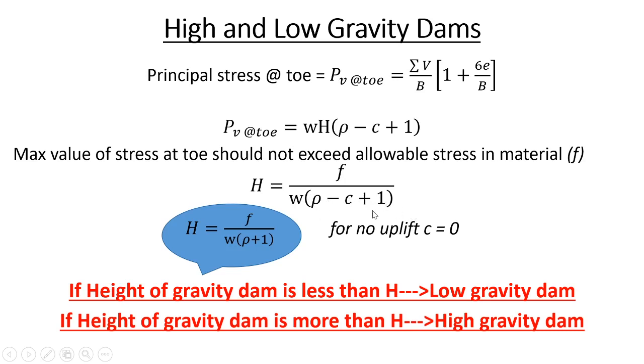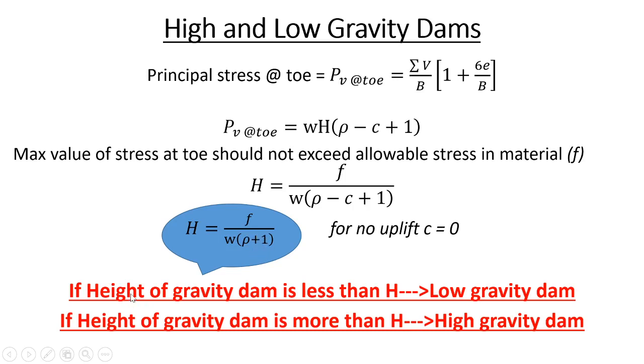Again, if there is no uplift, C will be 0, and this equation will reduce to H equal to F divided by W into rho plus 1, where F is the allowable stress in concrete.